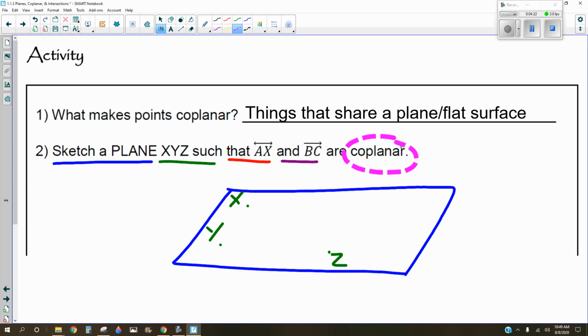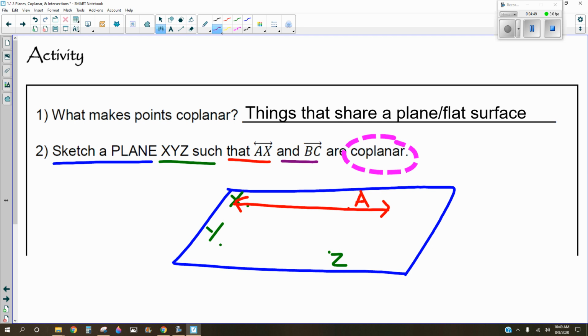If it asks for something to be not coplanar, it will have to fall off the blue surface and be not coplanar. So let's look at this. So I need AX. So let's go ahead and add an A over here. And I need a line that goes through those two things. So I'm going to, in my red, connect and make sure I'm very clear that that is a line.